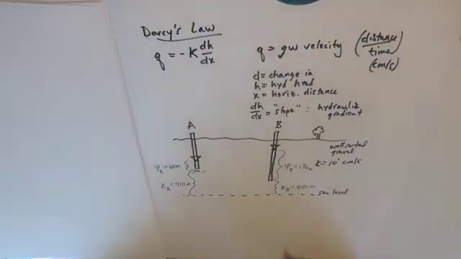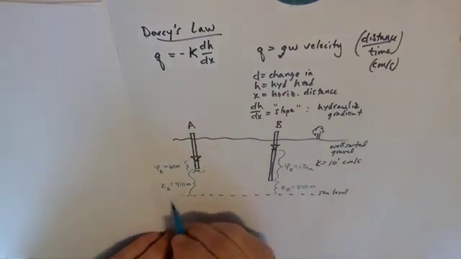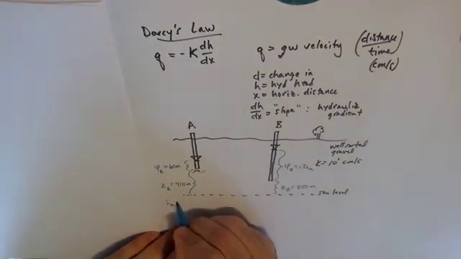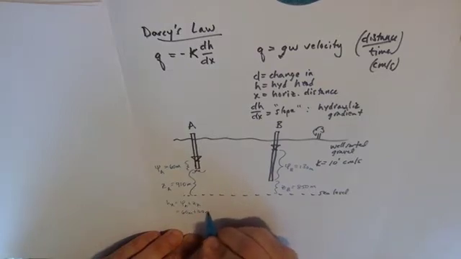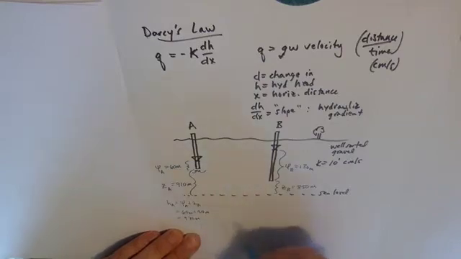Okay. All right, so back up. What is the total hydraulic head here? Hydraulic head for A is the pressure head for A plus the elevation head for A, which is equal to 60 meters plus 910 meters, which is equal to 970 meters.